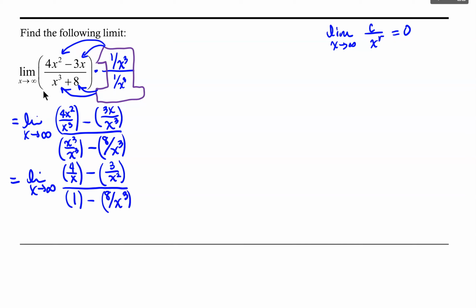Now, we've rewritten the terms in this function in a form that allows us to apply this knowledge we have about the behavior of c over x to the r.